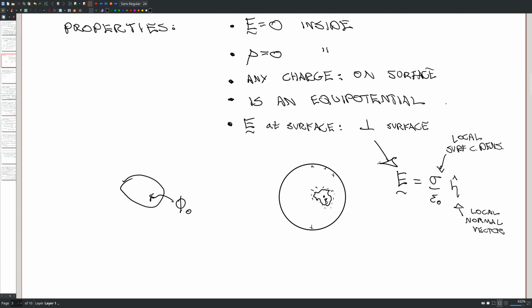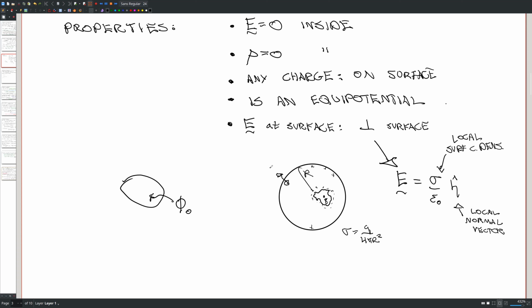So for example, if I take a little patch here, the normal vector is going to be coming out, something like this, and there's going to be a certain surface charge density here. In this case, if the radius is just big R, the surface charge density is just going to be little q divided by 4 pi r squared, because the charge is uniformly spread on here.